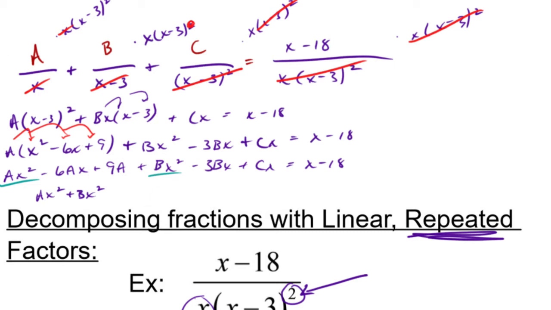And then I'm going to group my x's next. So negative 6ax minus 3bx plus cx. Put that here. And finally, your 9a.